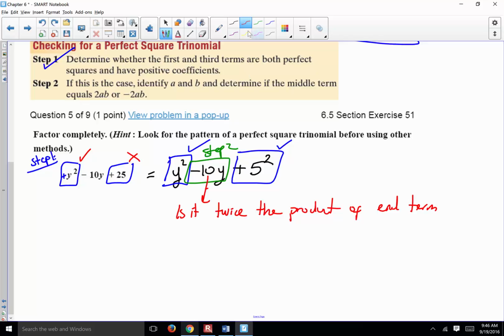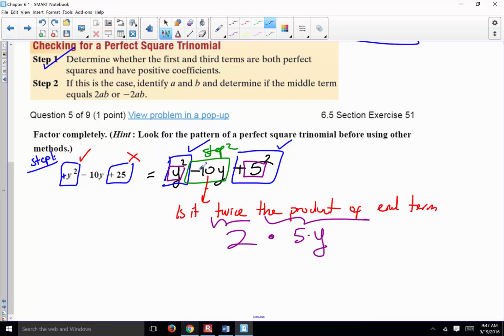What are start and end terms? The terms without the squares we consider. 5 and y, multiply them. The product of them is 5y, and take twice of them. Is the middle twice 5y? Is really 10y equals 2 times 5y?